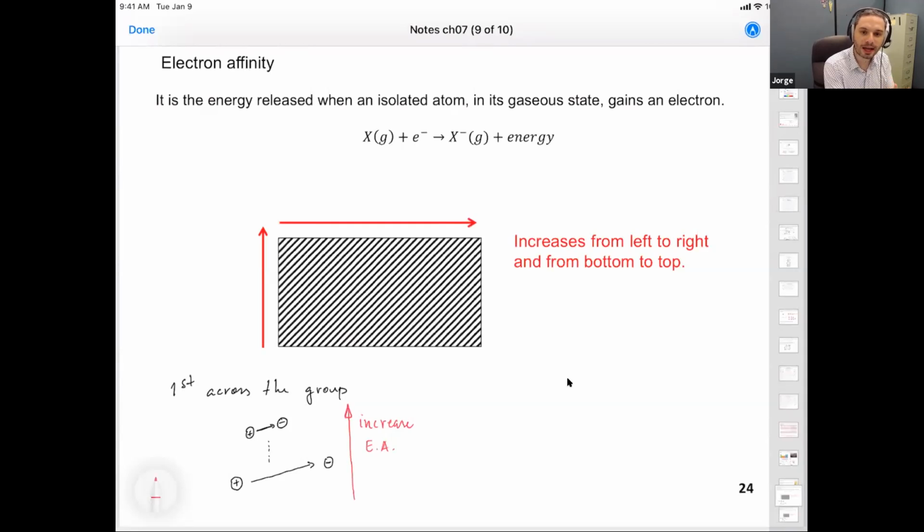Now let's analyze the trend across the period. That's going to be the second part of our analysis, and we are going to look across the period.